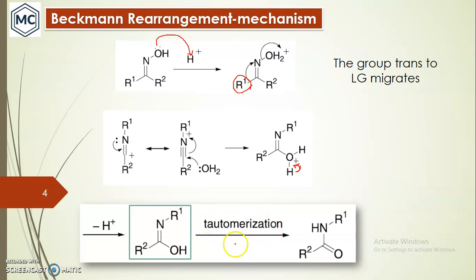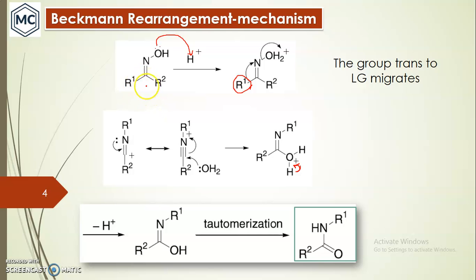Then this can undergo tautomerism, like ketone tautomerism, and this is imine, and it forms the product amide. It is here. So you are starting with oxime and you end with the product amide.